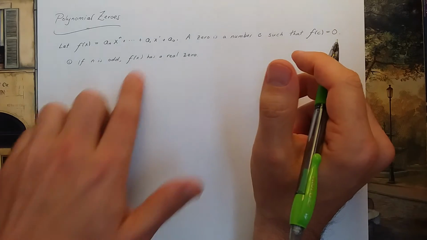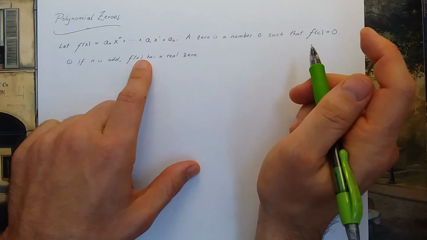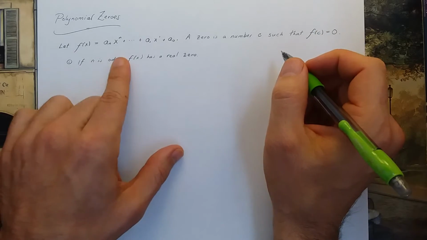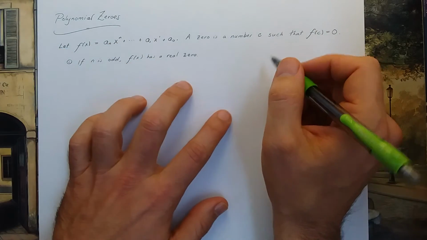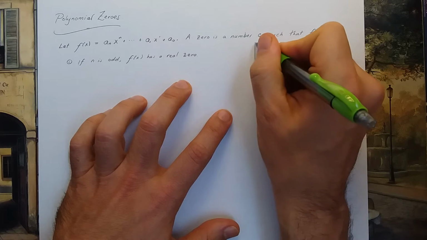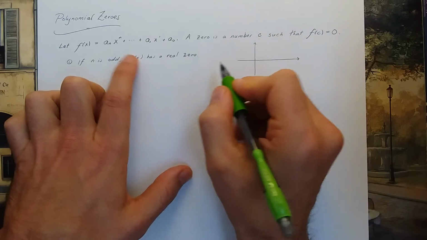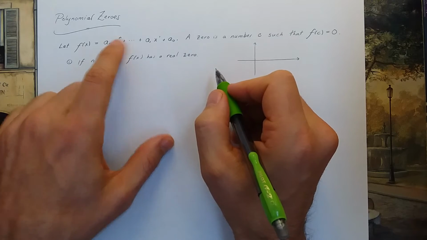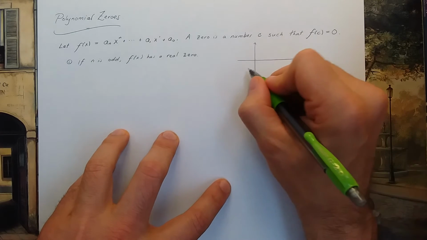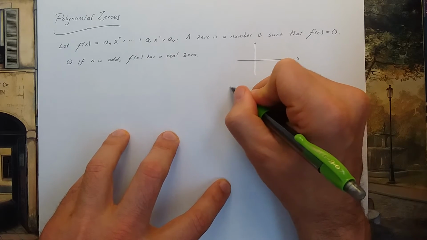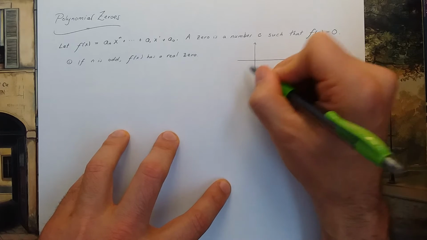I think I made this observation in a previous video. The idea comes from understanding the basic shape of polynomial functions and their graphs. So if I have a polynomial of odd degree, then the graph might look something like this. It starts down here way below the x-axis at negative infinity.